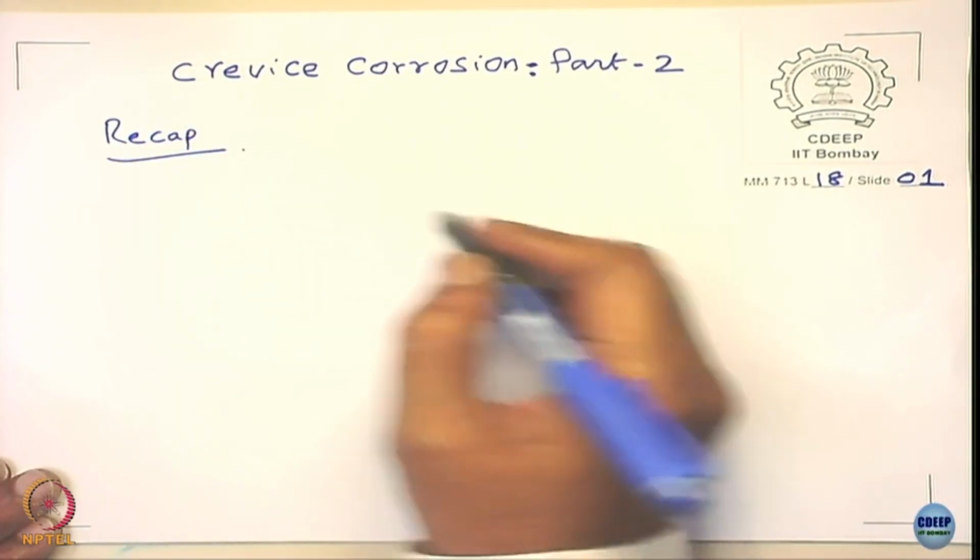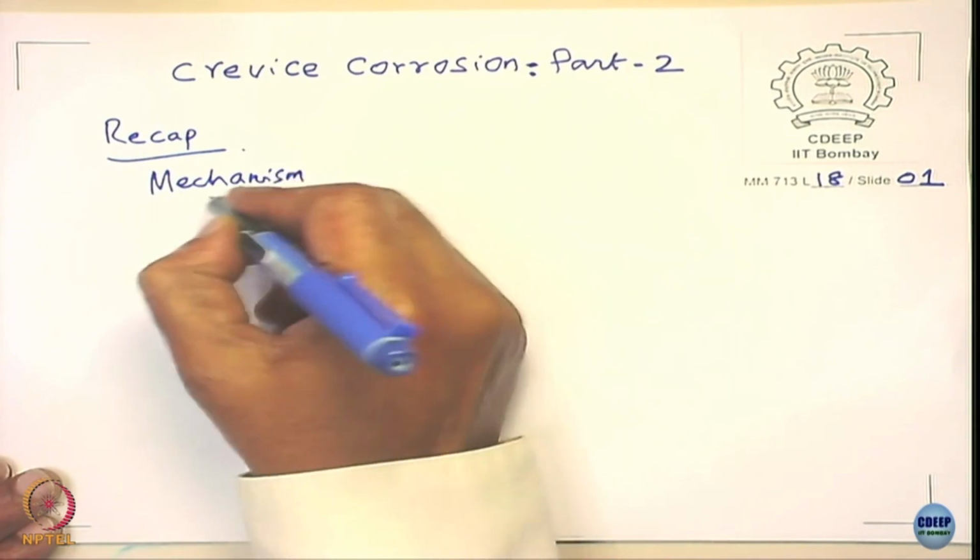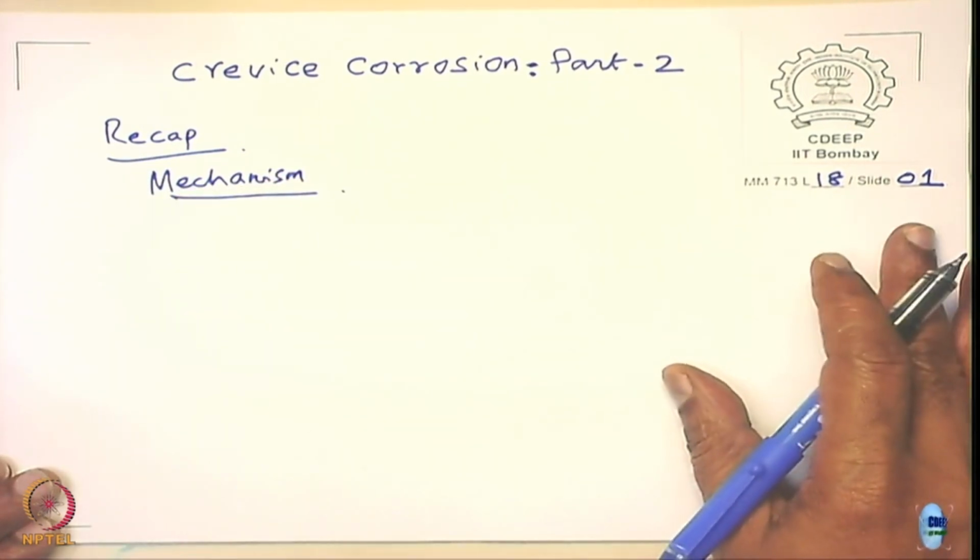Now, we looked at the mechanism. First of all, the crevice corrosion originates from the formation of a crevice, which can happen when you have joints in the metal structures, such as a flange joint, a rivet, an expansion joint, or threaded joints, as you see in fasteners.